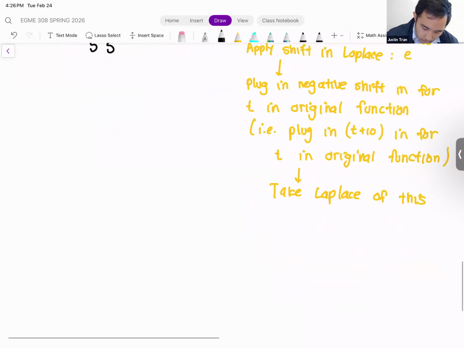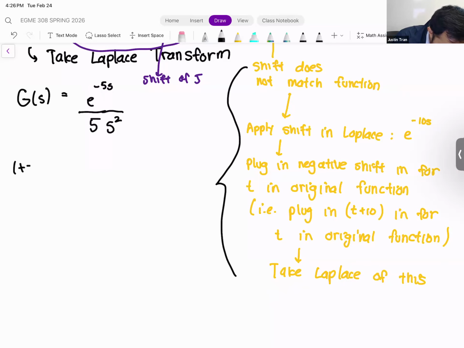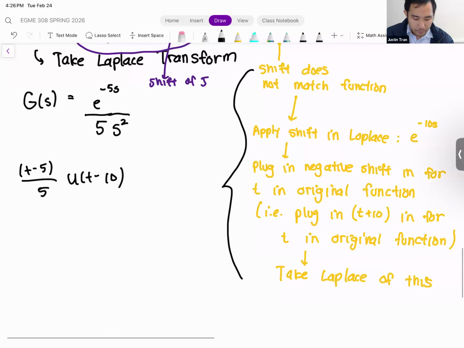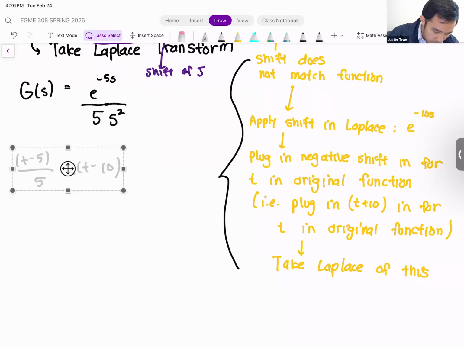Let's take the same process and apply it to our function here. Our function here is t minus 5 divided by 5 multiplied by u of t minus 10. Let me move this over to the right a little bit.